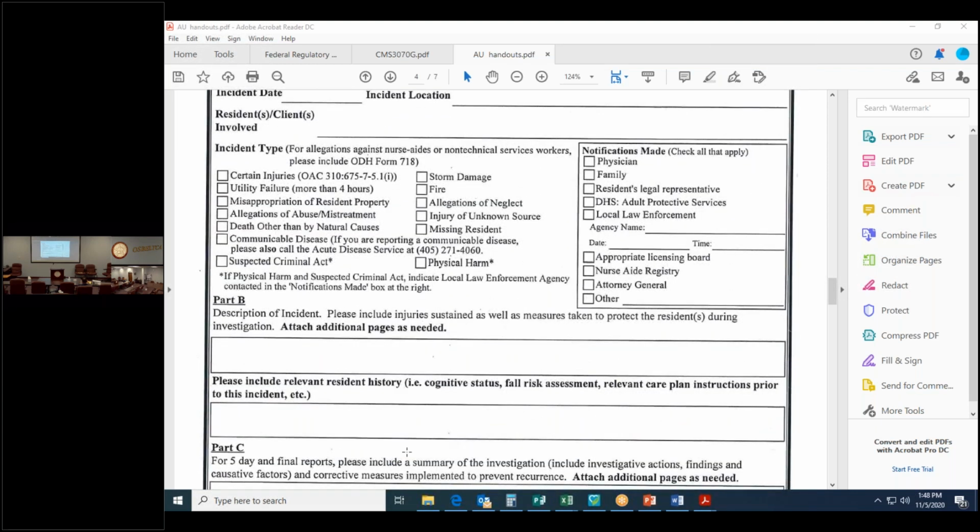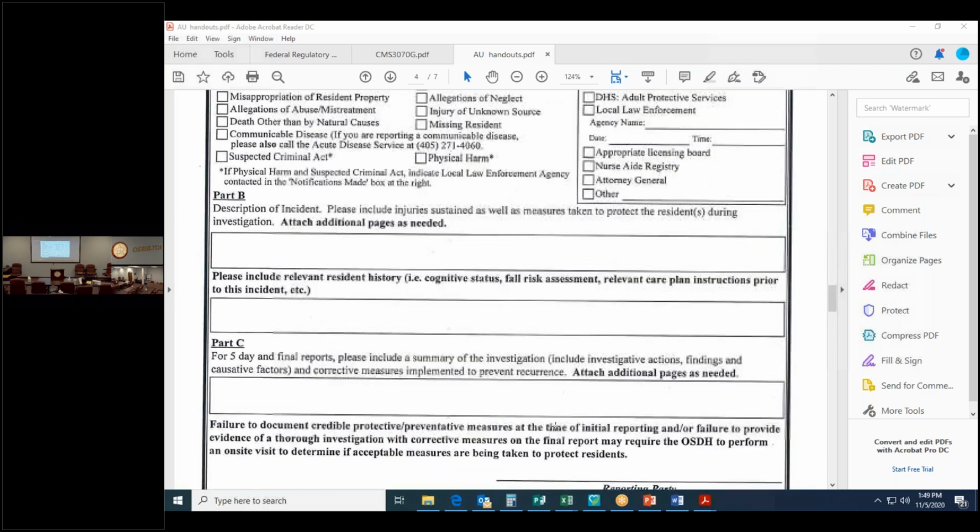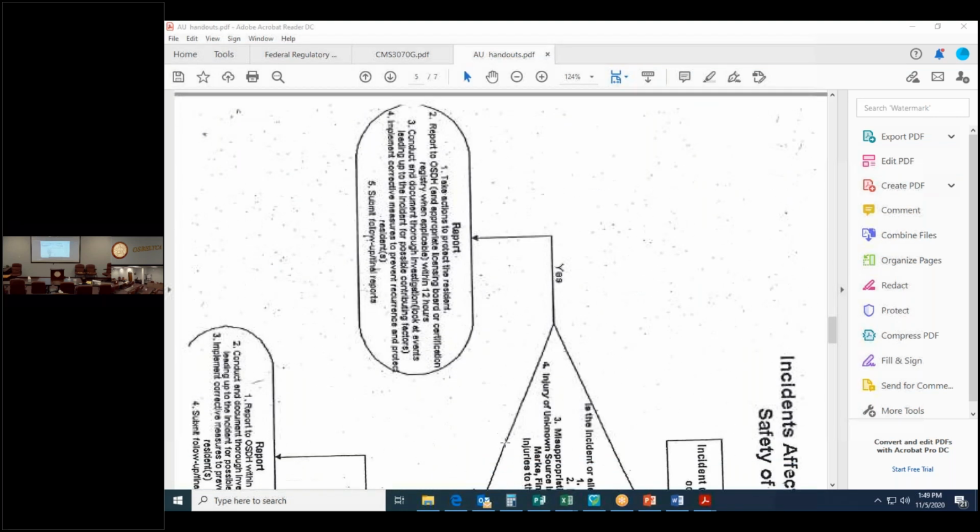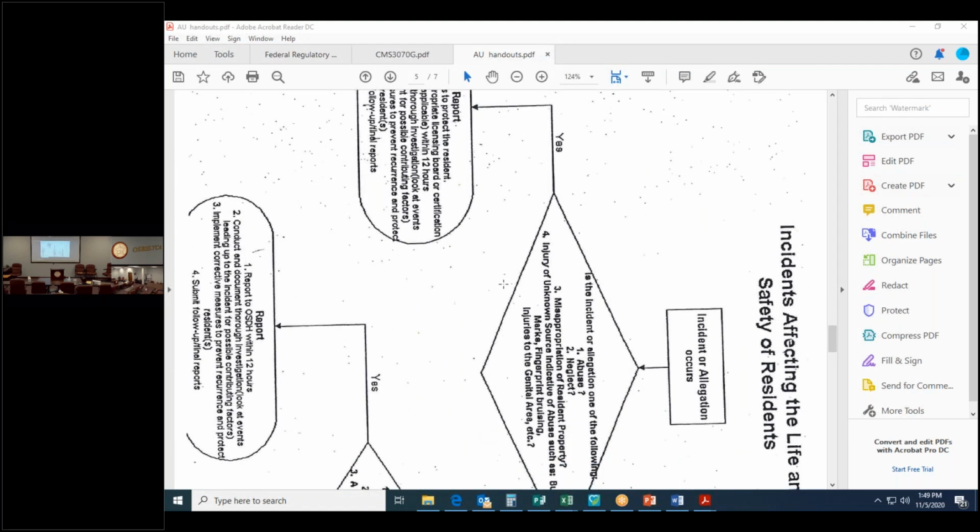You're going to give a description of the incident, include any relevant history, and then you're going to do your final report, but also making sure that you have corrective measures implemented and that you cover prevention so that it does not occur again.